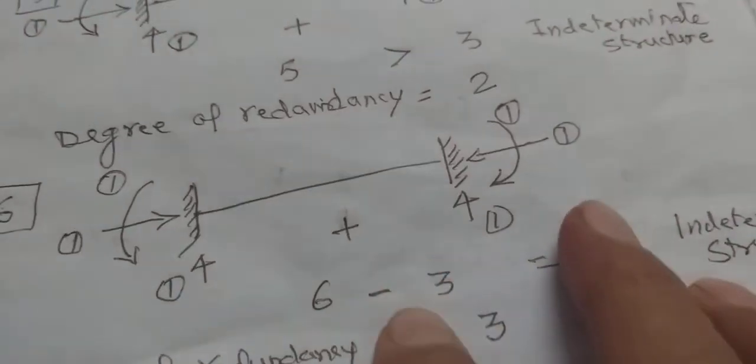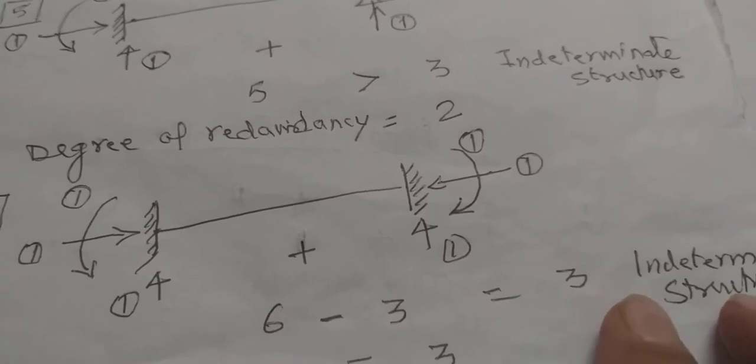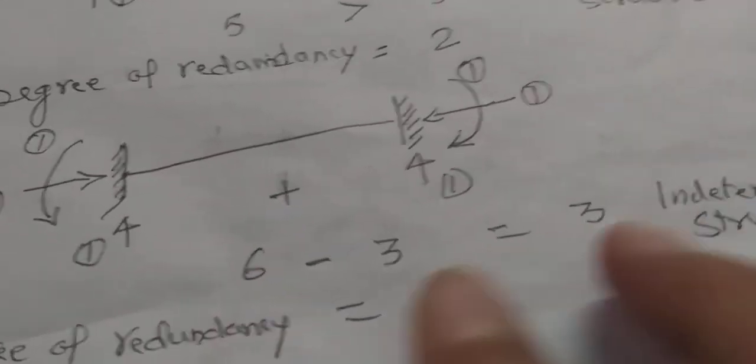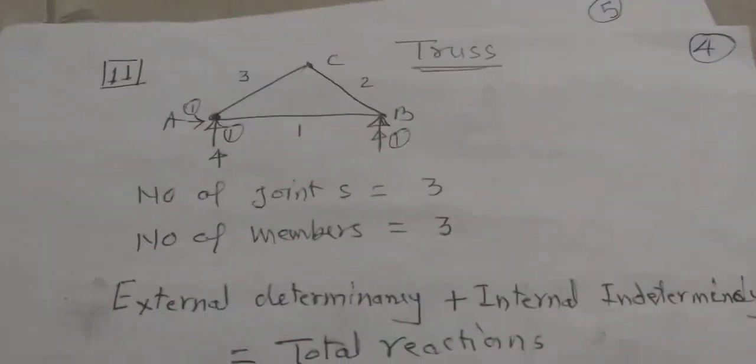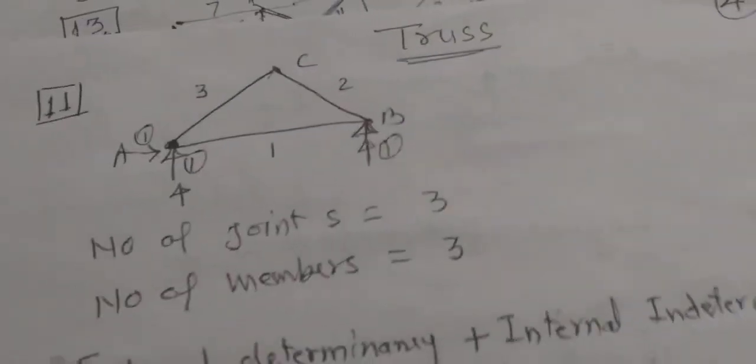Equilibrium conditions are 3. So the difference comes out to be 3. So it is indeterminate structure for redundancy of 3 only. This is one part about the beam. Then we go for the next part of this, which is a truss. When we talk of the truss, then we have a simple truss.